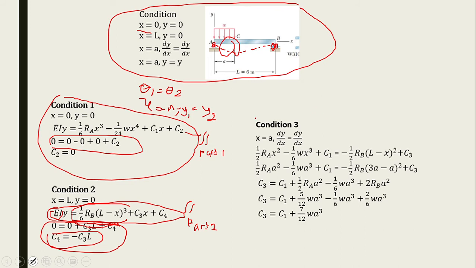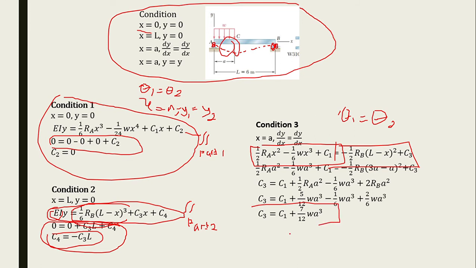Now we go to the third condition, when x equal to A and theta 1 equal to theta 2. We input the first integration of the first part and the second part, and we equate them.